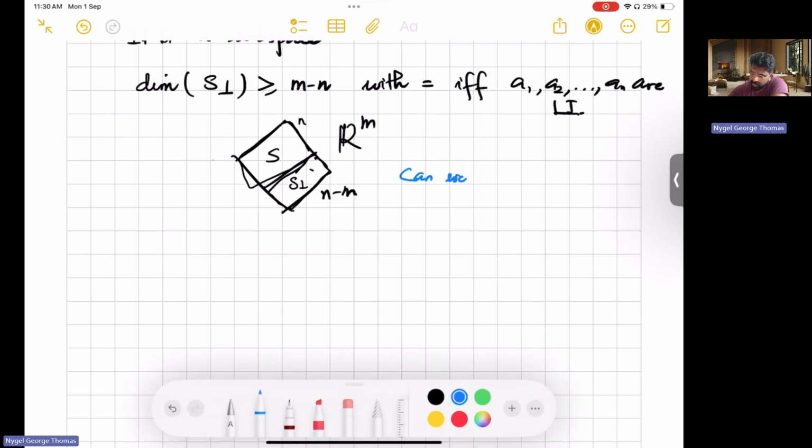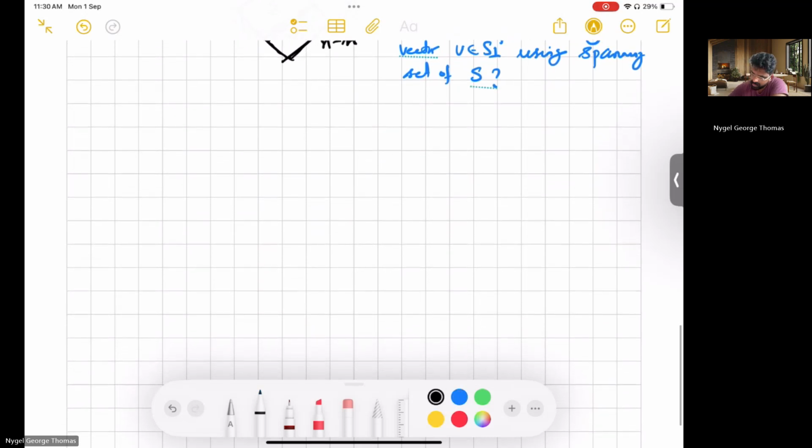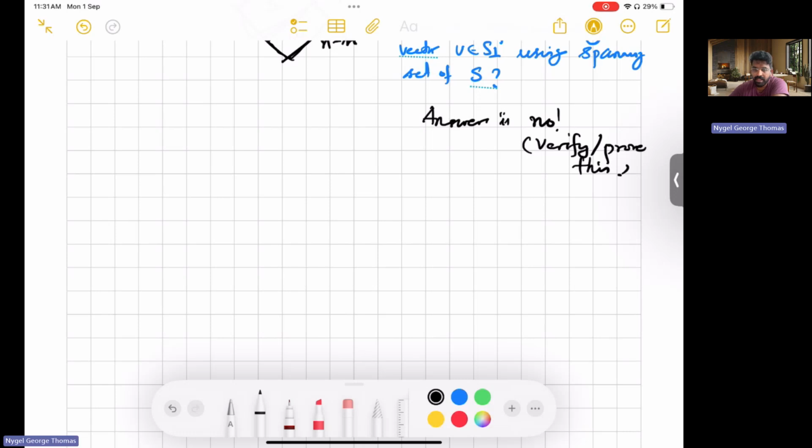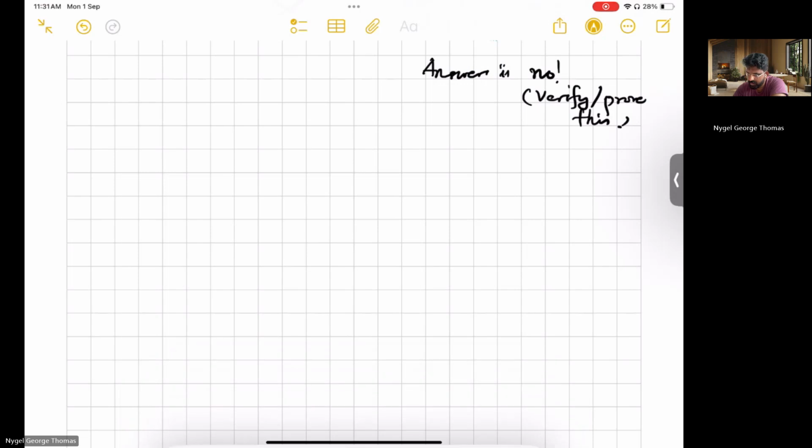Can we represent any vector v which belongs to the orthogonal complement using the spanning set of S? The answer is no, but we need to verify and prove this. It's kind of an exercise.